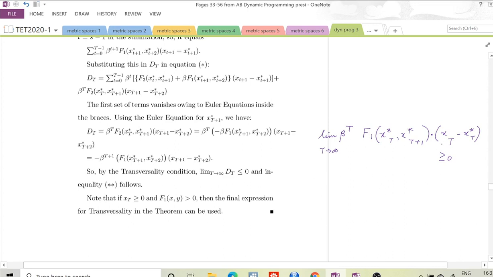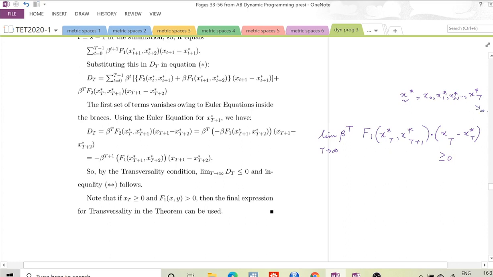the interpretation often given is about how you improve upon the path x star tilde, if at all, right? So that starts at x naught, goes to an x star 1, x star 2, etc., x star t, and this t goes to an infinite horizon, right?